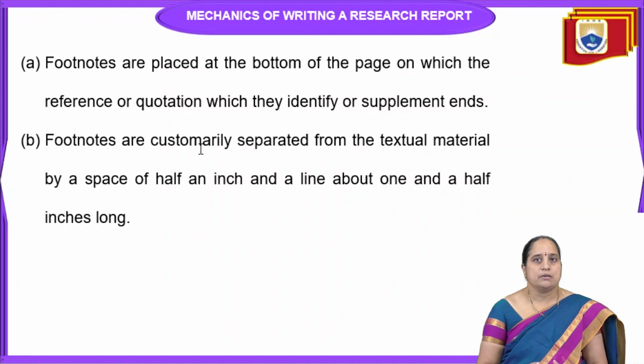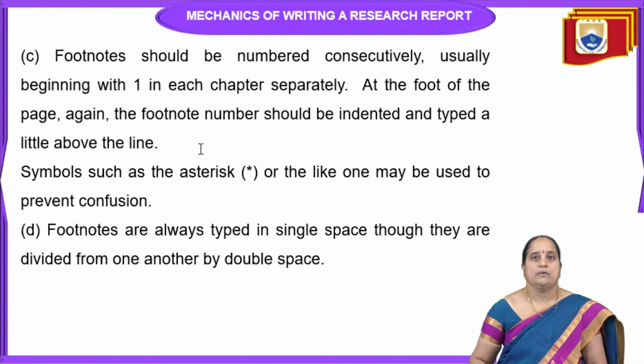Footnotes are customarily separated from the textual material by a space of half an inch and a line about 1.5 inches long. Footnotes should be numbered consecutively. Usually we start with one in each chapter separately.